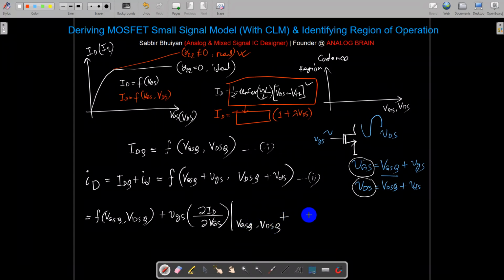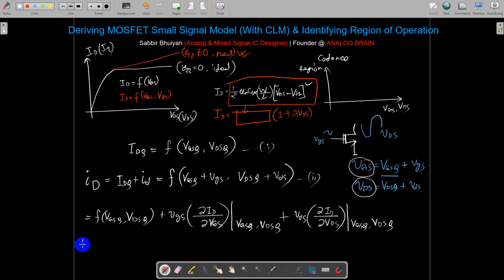Okay, nice. Now this is actually a multivariable function. We have learned for single variable function, also multivariable function. So you just apply your single variable rule twice separately, and it is very easy. Now this is a small v_DS, again ∂I_D/∂V_DS, again at your operating point (V_GSQ, V_DSQ). Okay, so that's our first term.